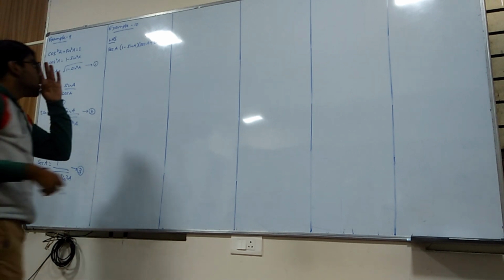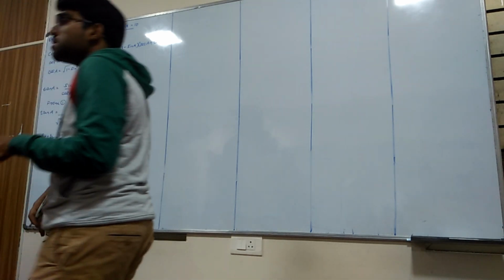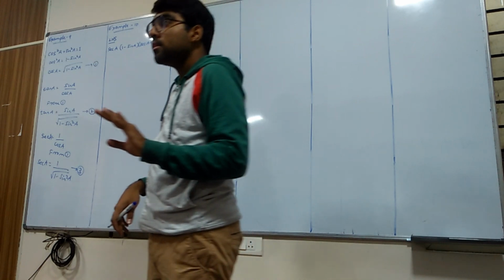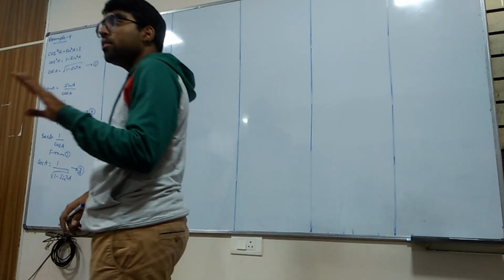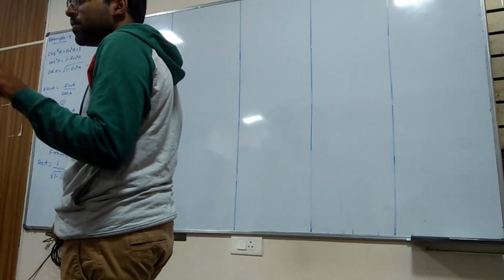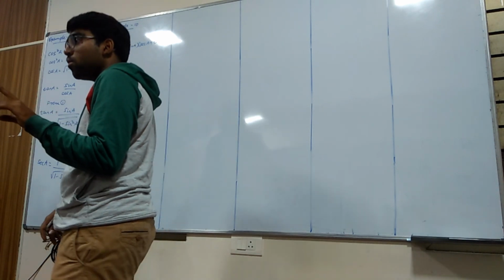Look at the board. Everything now I will express in terms of sin and cos. All the trigonometric ratios can be expressed in terms of sin and cos, that we all know, right?